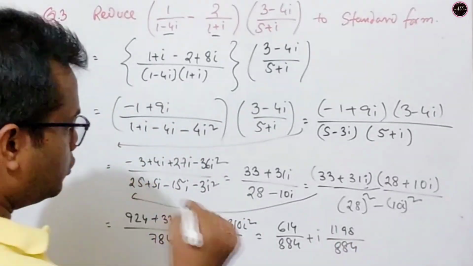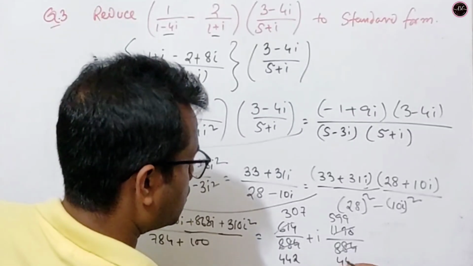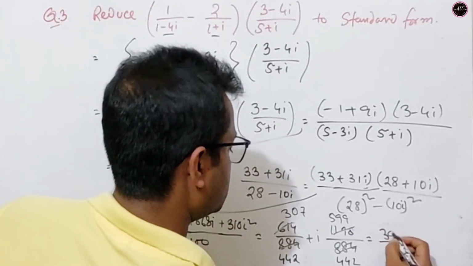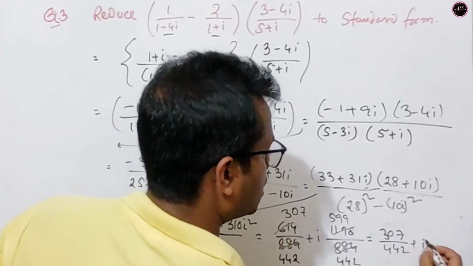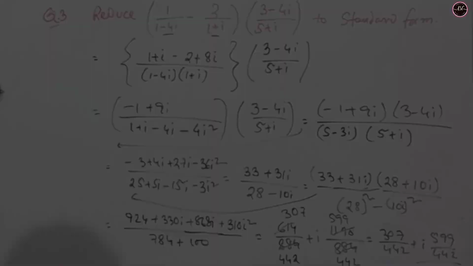Now equal to 307 by 442 plus 599 by 442. This will be the answer. Look at this question.